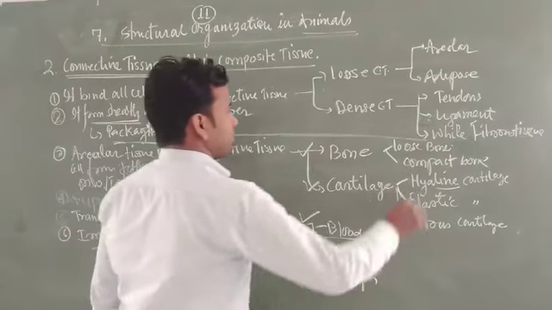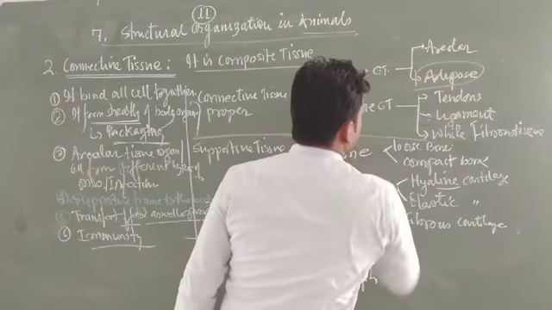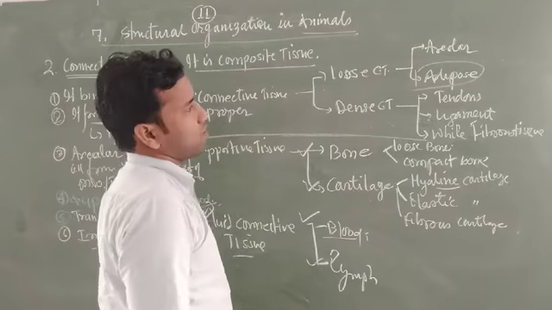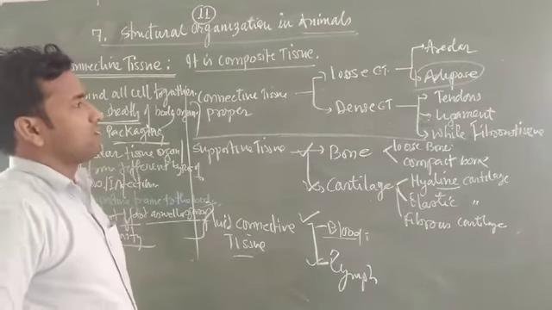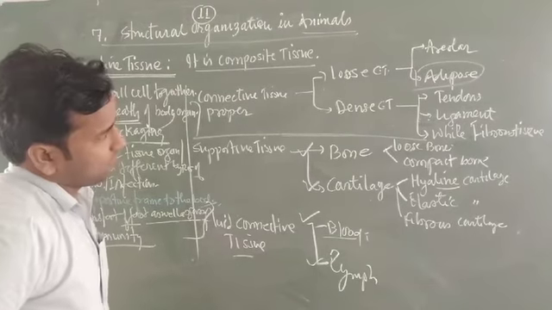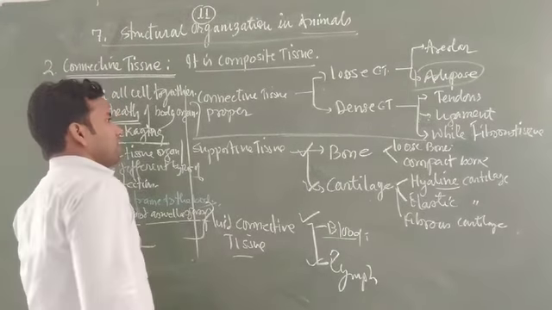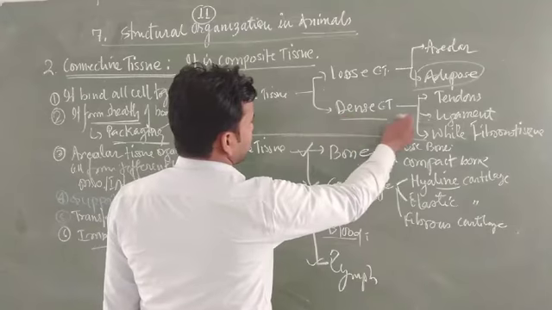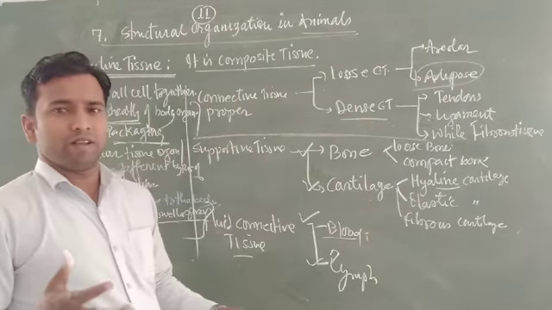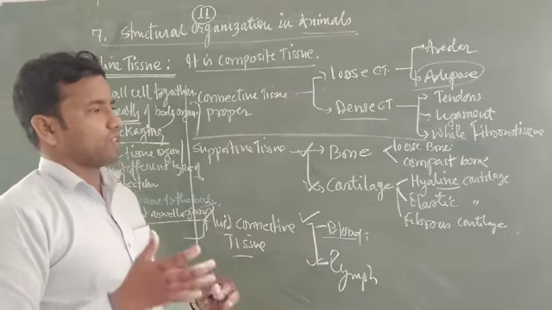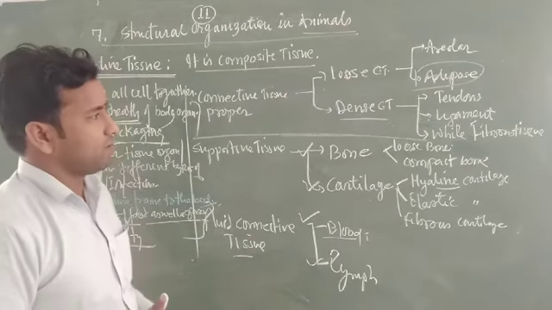Adipose also makes the body skin spongy. That's why the body does not feel too much cold and too much heat in this way. Now the dense connective tissues are tendons and ligaments. Bone to bone are combined by the ligaments, and bone to muscle are combined by the tendons.